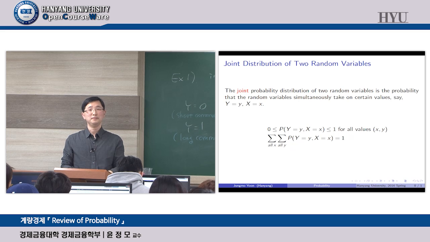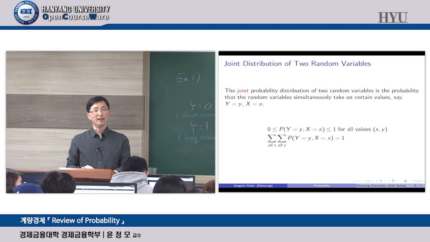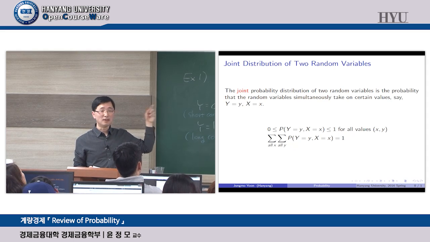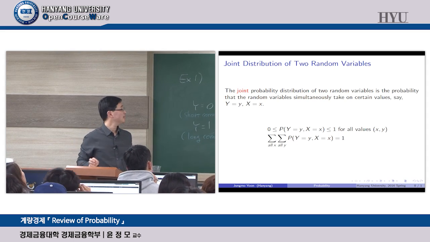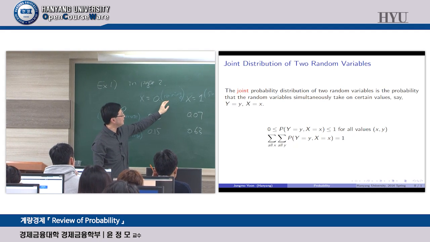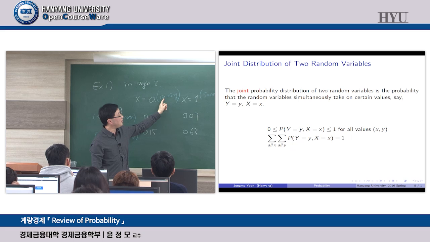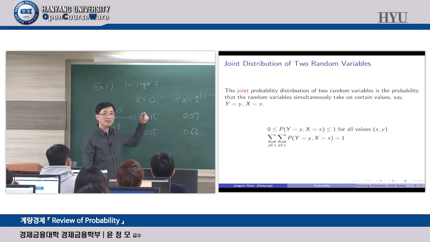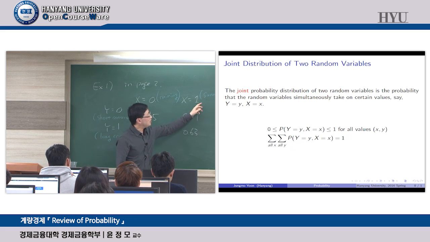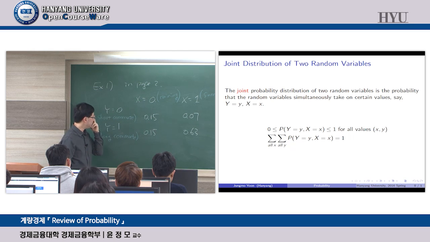So here's an example. I have two random variables. One random variable is the weather. I just call it X. It has two possible states, two possible outcomes. It's either raining or sunny. When it rains, I assign 0, because a random variable assigns a number to an outcome, right? And if it's sunny outside, I assign 1.